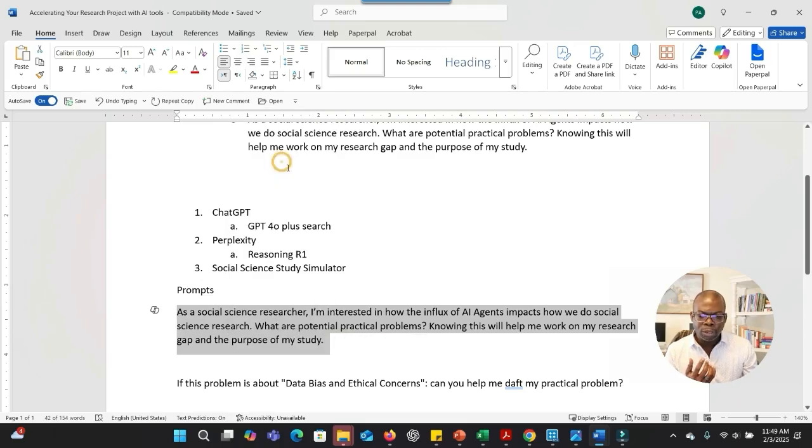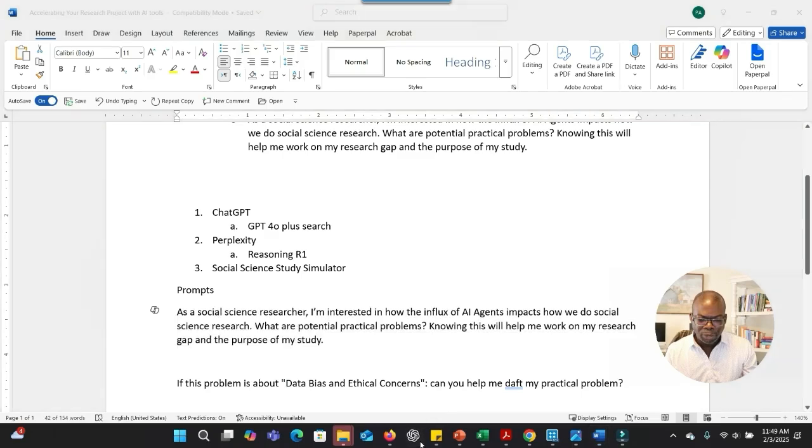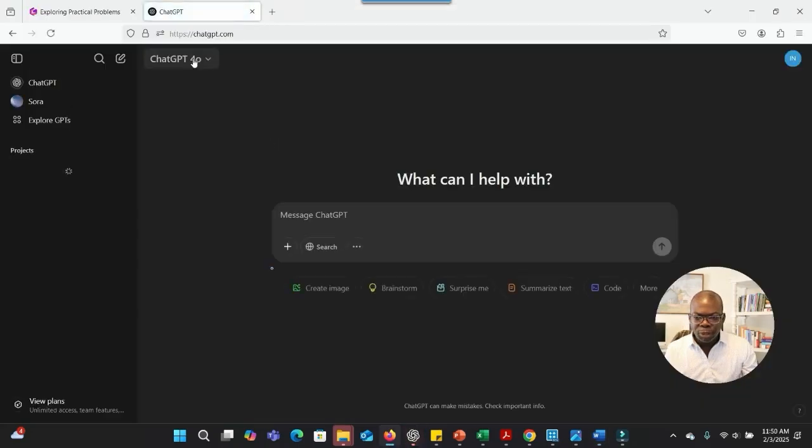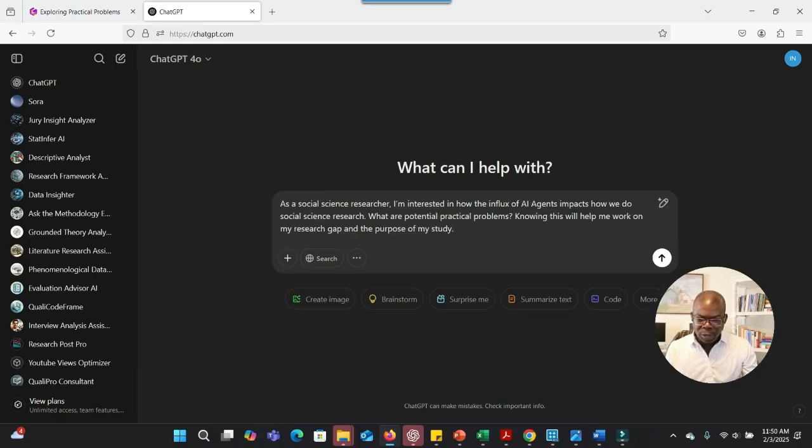So let's copy this one and go to ChatGPT and put the information there. We have ChatGPT here. Make sure that you select ChatGPT 4o and then you paste the prompt here, right? And see what you're going to get. Before you click on enter, you have to make sure that you click on search, right? Why do you have to click on search?